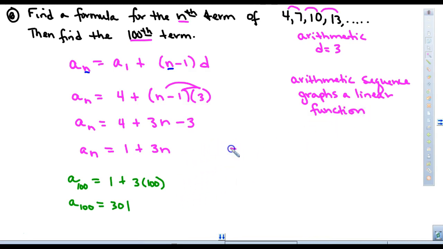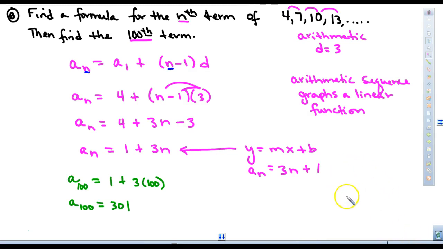If you compare your linear function y equals mx plus b to this function, your y is actually your a sub n, m is your common difference of 3, x is your n, and your y-intercept is actually 1.